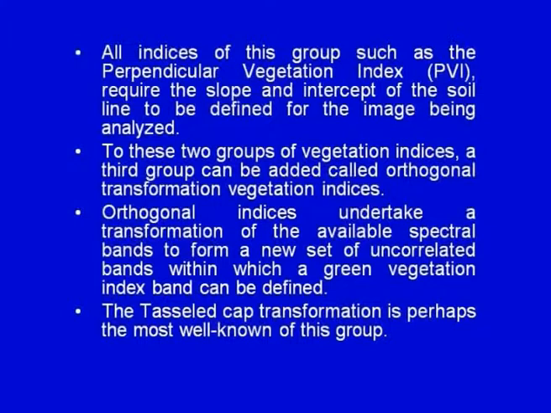Orthogonal indices undertake a transformation of the available spectral bands to form a new set of uncorrelated bands within which a green vegetation index band can be defined. The tasseled cap transformation is perhaps the most well known in this particular group.